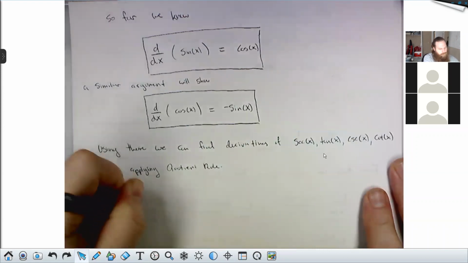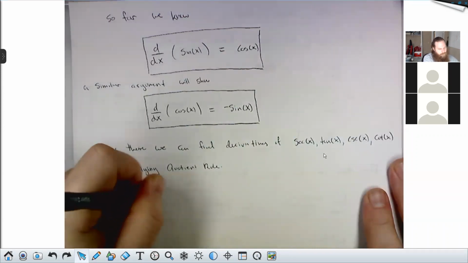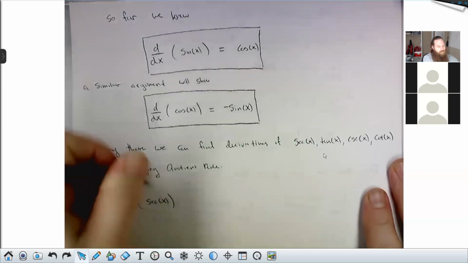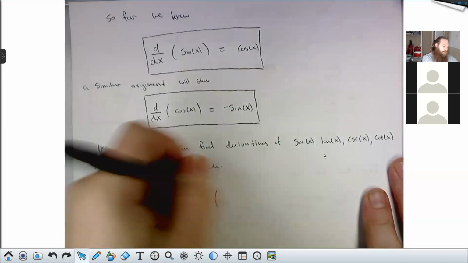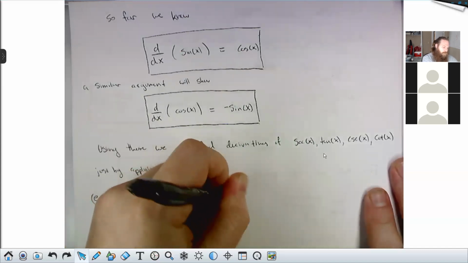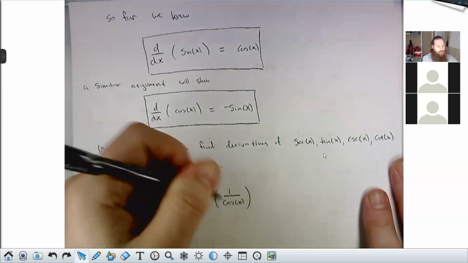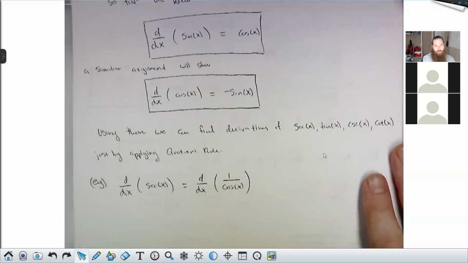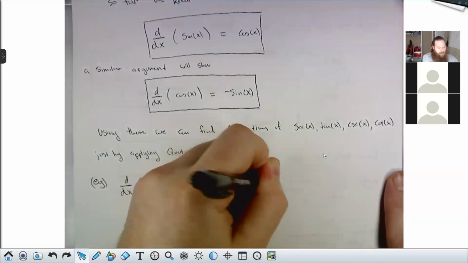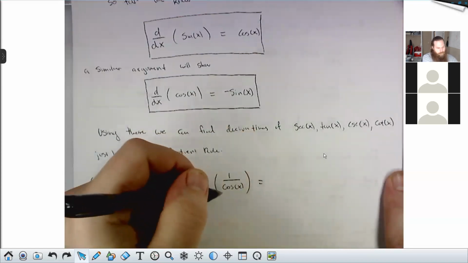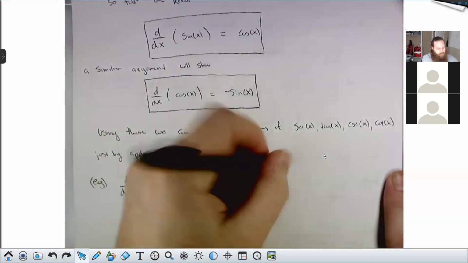So for example, d dx of secant x can be calculated as d dx of 1 over cos x, right? Because secant is 1 over cosine. This can be found using the quotient rule as the bottom times the derivative of the top.